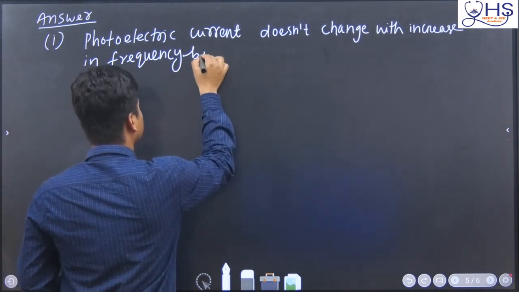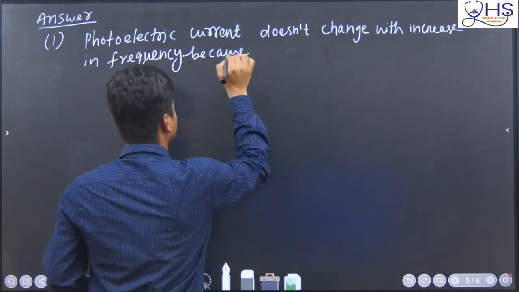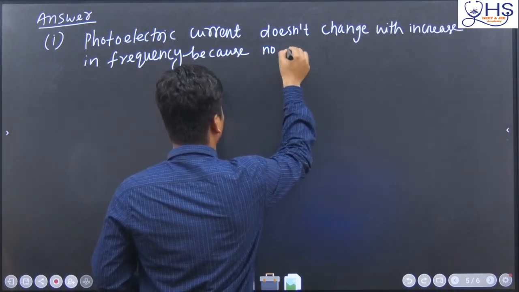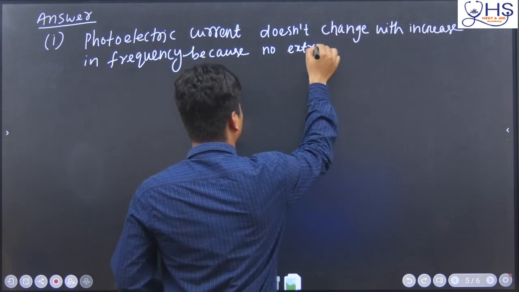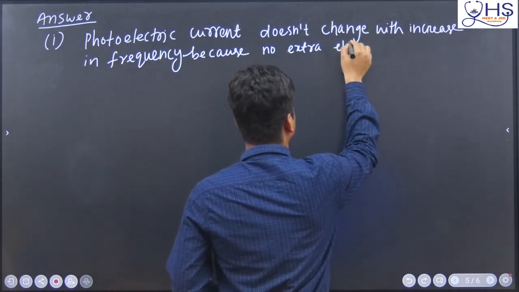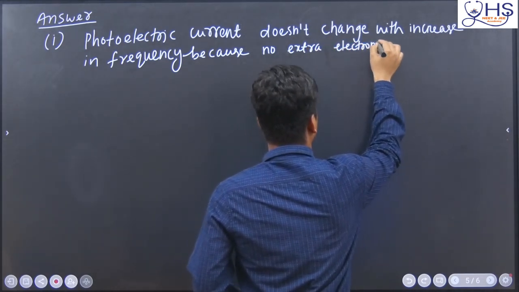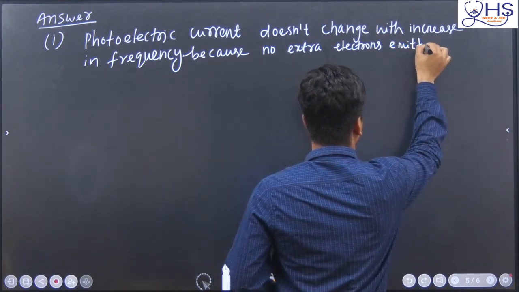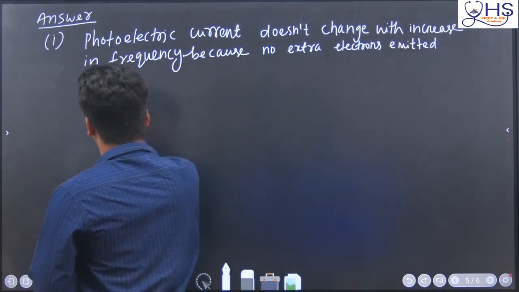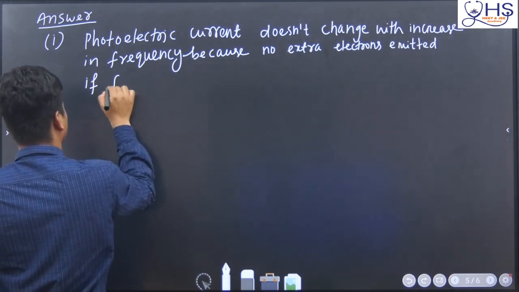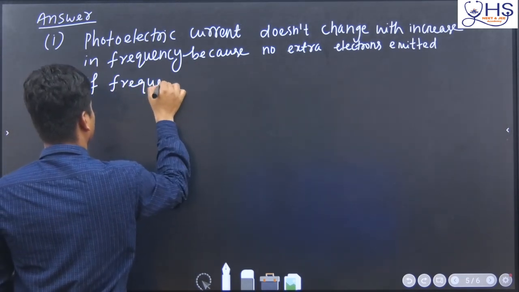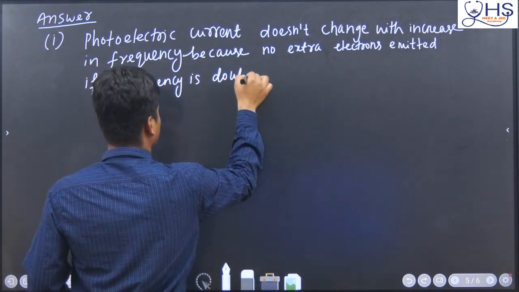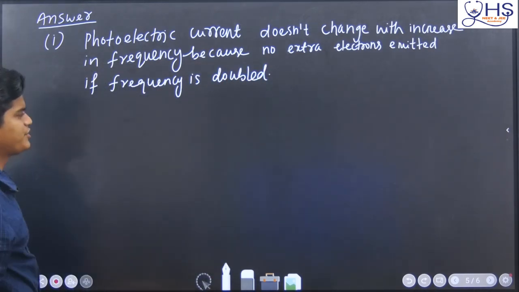I can write because no extra electrons are emitted if frequency is doubled. If frequency is doubled, no extra electron will be emitted.